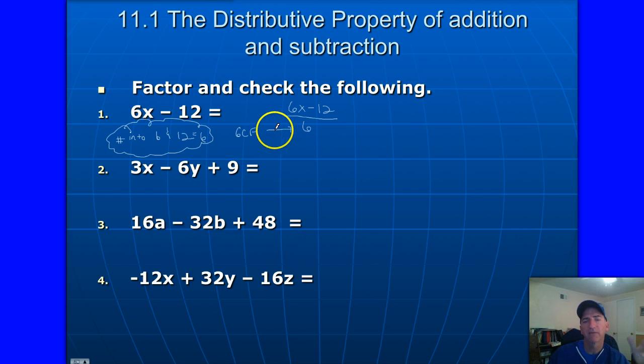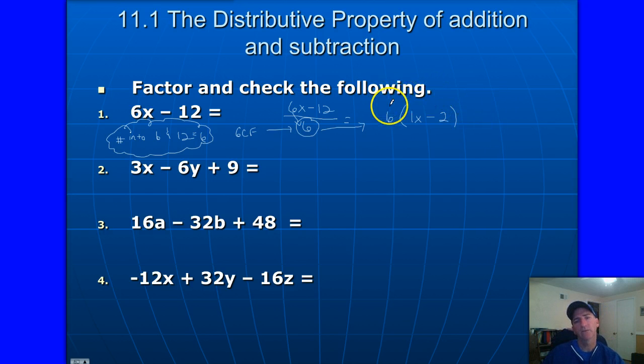So the previous slide said find the greatest common factor. If I take 6x divided by 6, I'm going to put a parentheses here and I'll explain why I'm doing that. That would give me 1x minus 12 divided by 6 is 2. Now I'm going to take this greatest common factor and put it on the outside, 6, right there.